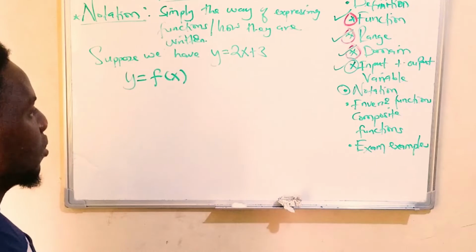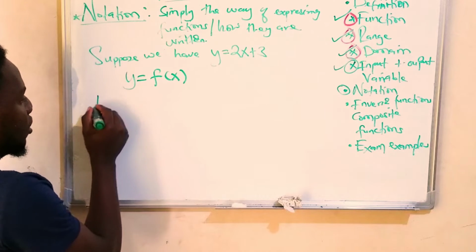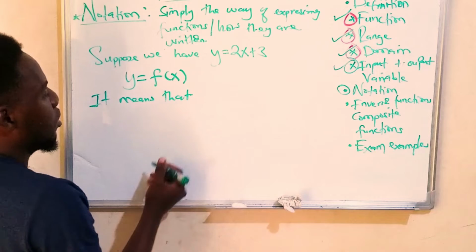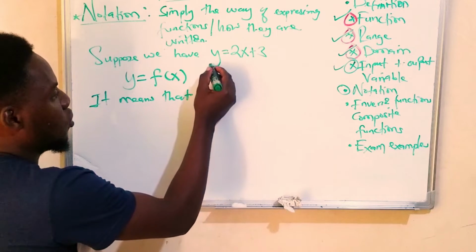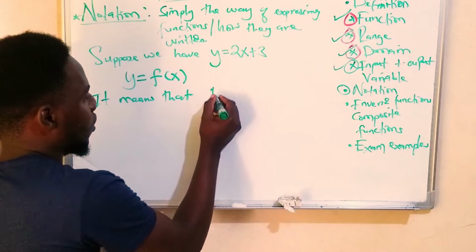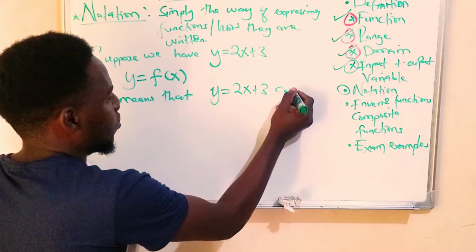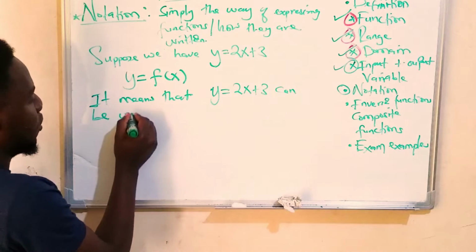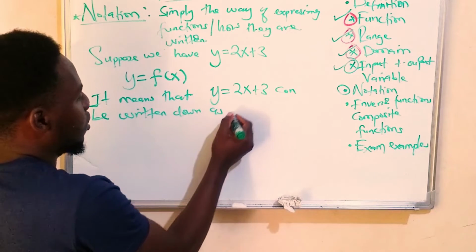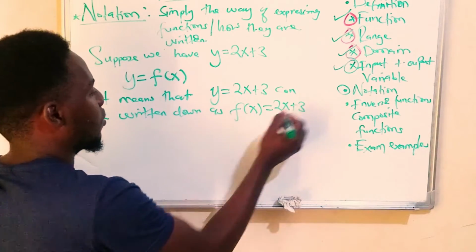This means that we can substitute y for f of x. So y is equal to 2x plus 3 can be written down as f of x is equal to 2x plus 3.